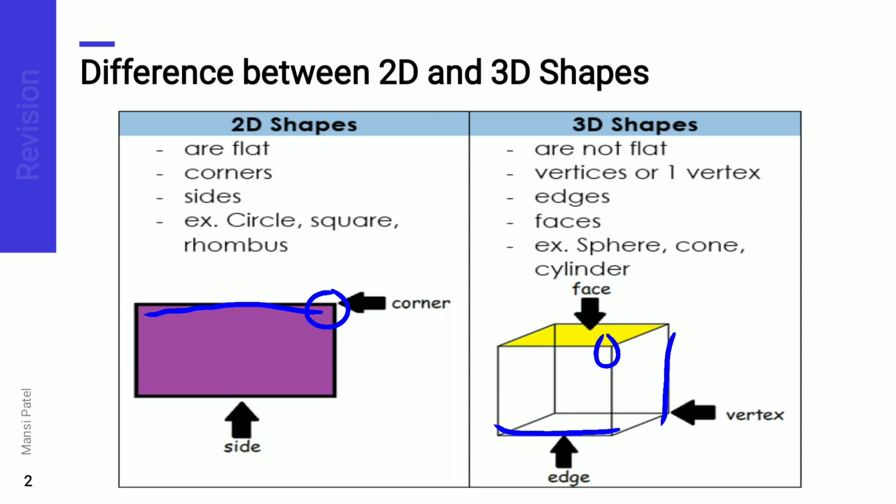Examples of 2D shapes are the circle, square and rhombus. Rhombus means one type of quadrilateral. Whereas the examples of 3D shapes are sphere, cone and cylinder. These are the different 3D shapes.